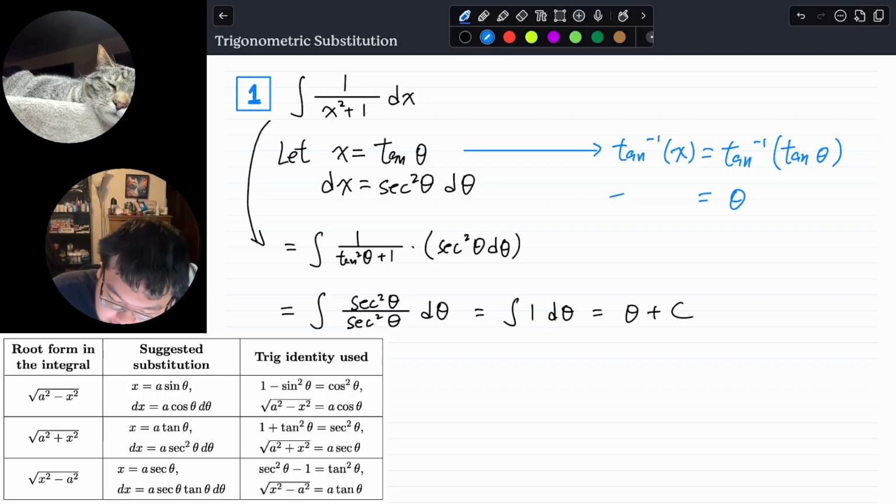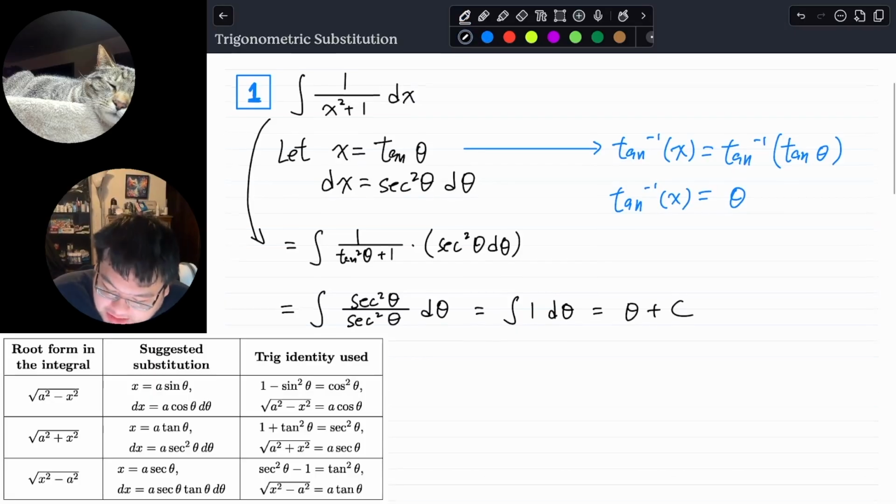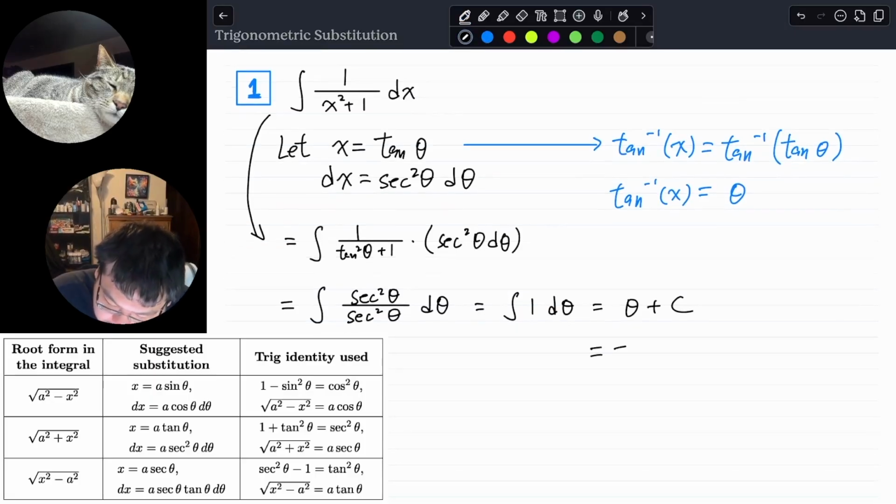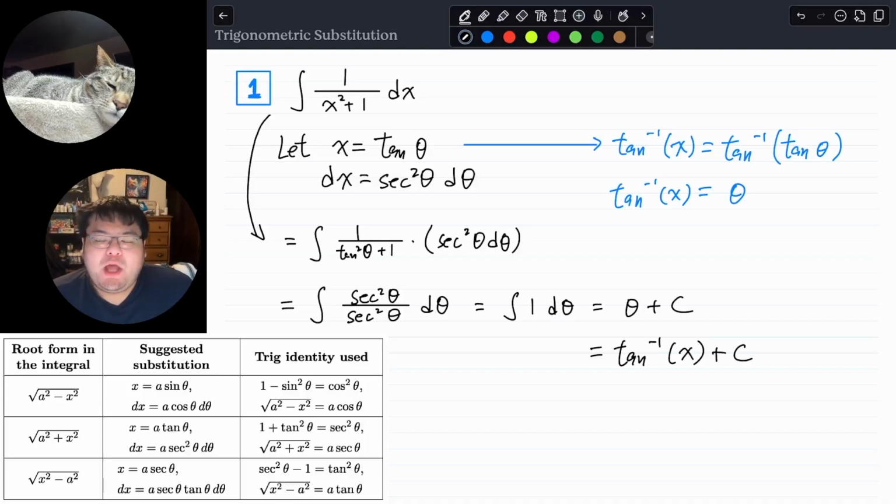So now we know that theta will be arctangent of x. If we substitute back into our solution, that's our answer. At this point, you may realize that this result is quite familiar.